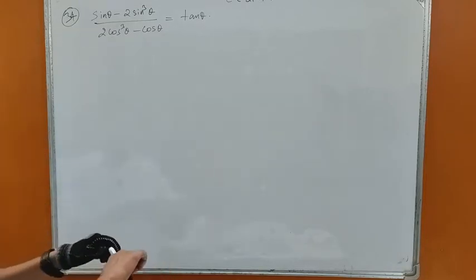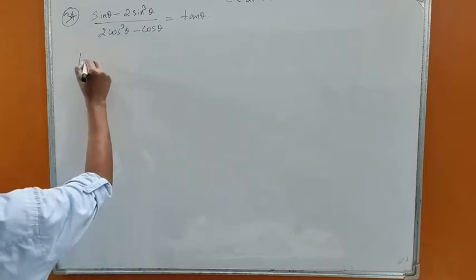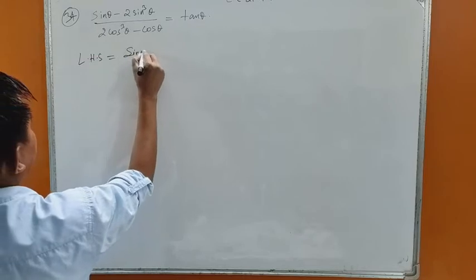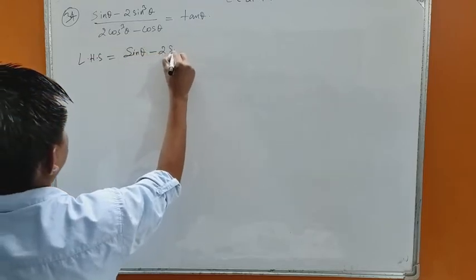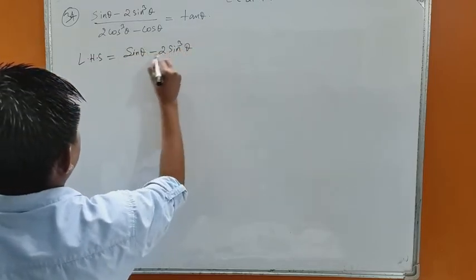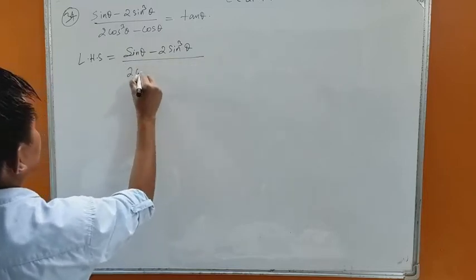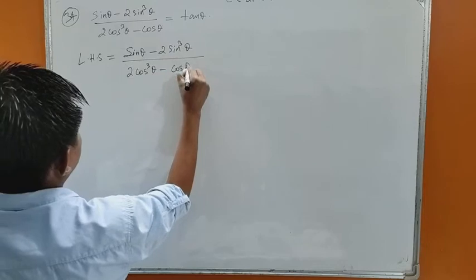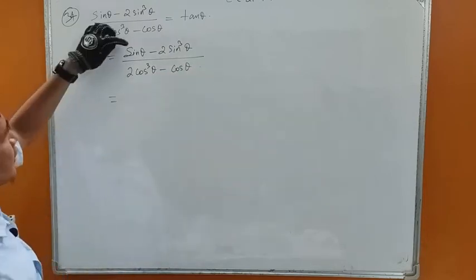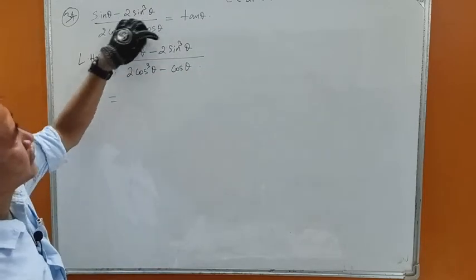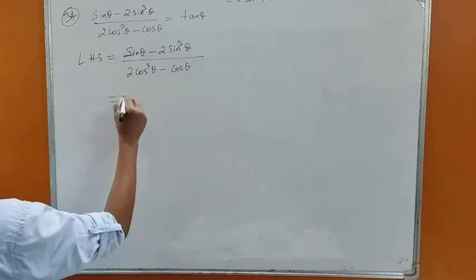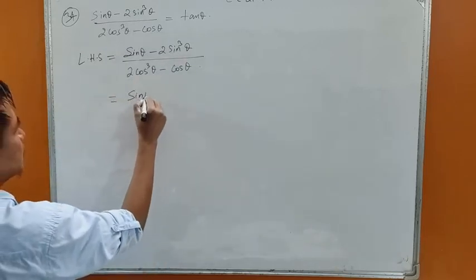So let's begin. In the left hand side we have sin theta minus 2 sin cube theta whole upon 2 cos cube theta minus cos theta. Now let us take sin theta common from here, okay? We have sin theta and here we have sin cube theta, so sin theta can be taken common.